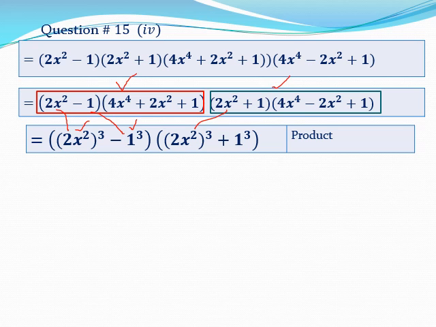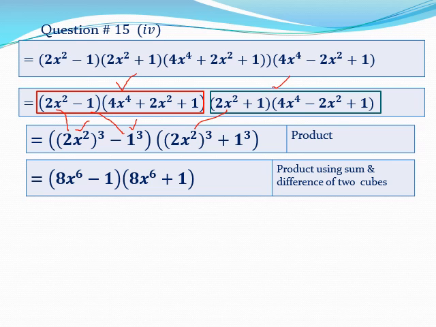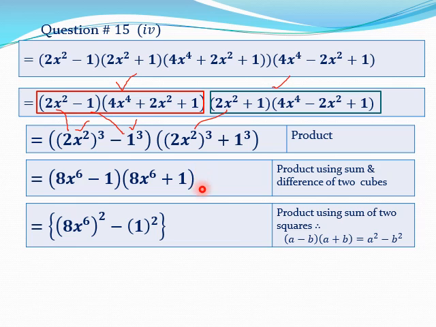So it is the product using sum and difference of two cubes. 2x square, after taking its cube, becomes 8x^6, as 2 cube is equal to 8. So 8x^6 minus 1 cube, which is 1, and 8x^6 plus 1.